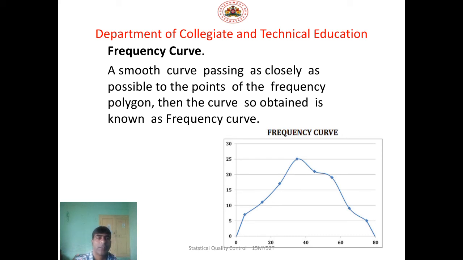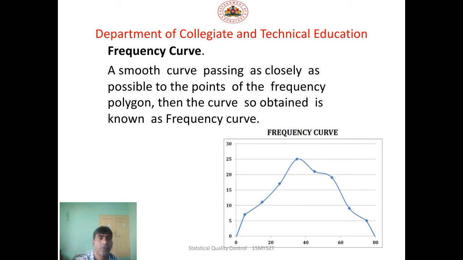So see here the first midpoint, it is near about 5, I think so. The midpoint is 5 and the frequency is 7. Next 18 and the frequency is 12. For next class it is 24 and frequency 17. Next for 38 it is 25. For 42 it's 21.